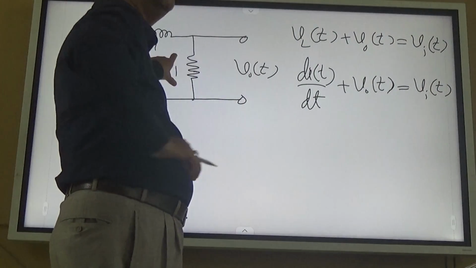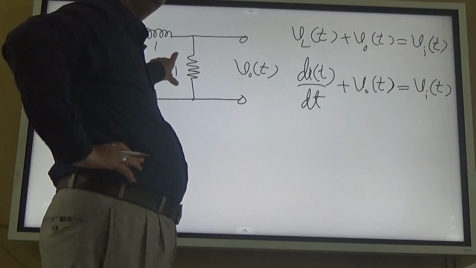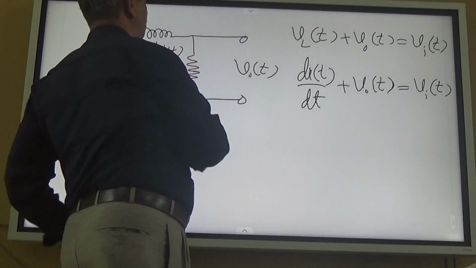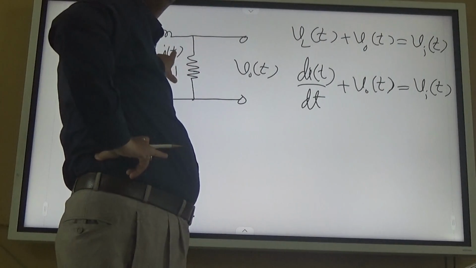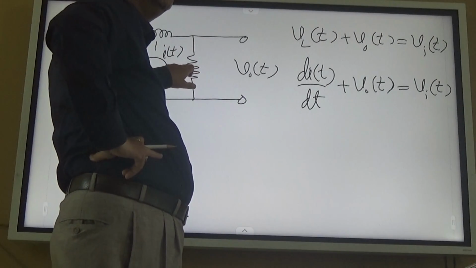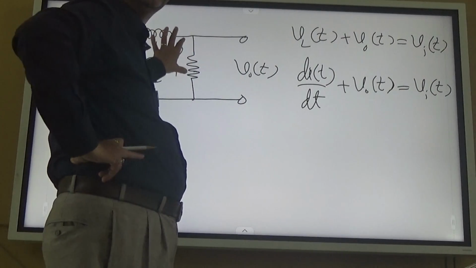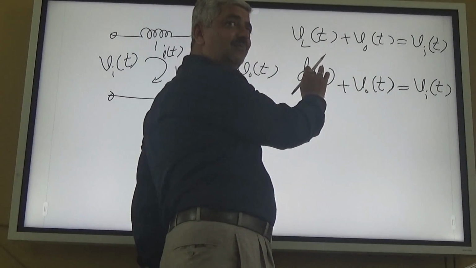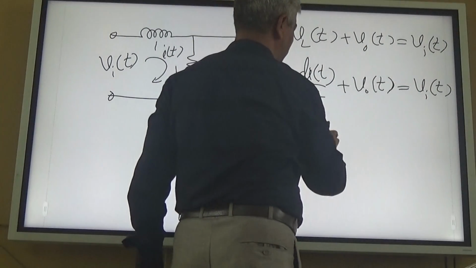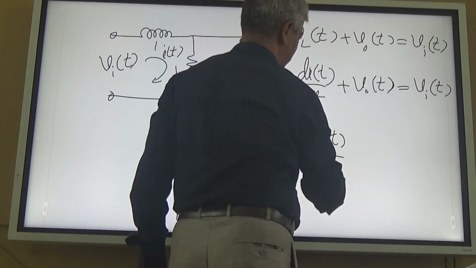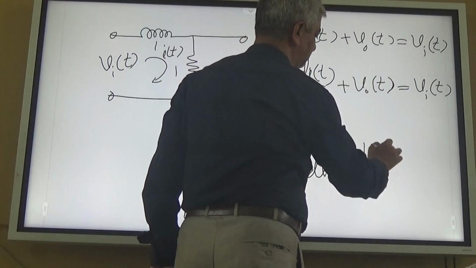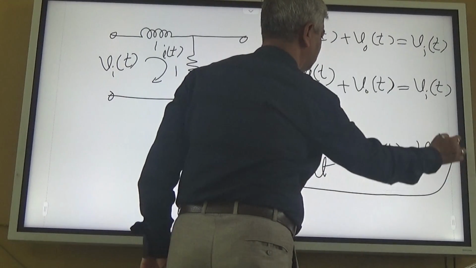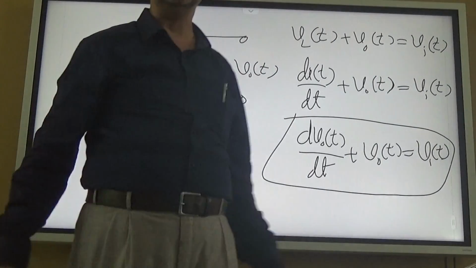For the resistor, what is the relationship? This is a series circuit, so IT is common. So VOT is equal to R into IT. R is 1, so VOT equal to IT. So here IT is there. So instead of IT, what will come? VOT. So a simple equation: dVOT by dt plus VOT is equal to V. Right? It's quite simple.